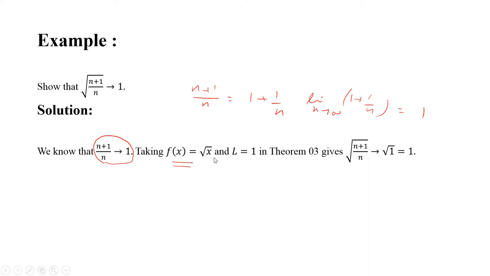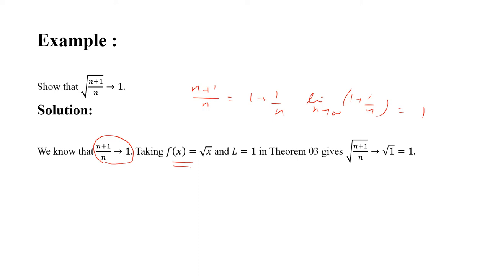Now taking f(x) equal to square root of x and L equal to 1. So the previous theorem tells us f(a_n) approaches f(L). So what is f(a_n)? a_n is going to be (n+1)/n, and f(a_n) is the square root of (n+1)/n according to this definition of f(x).